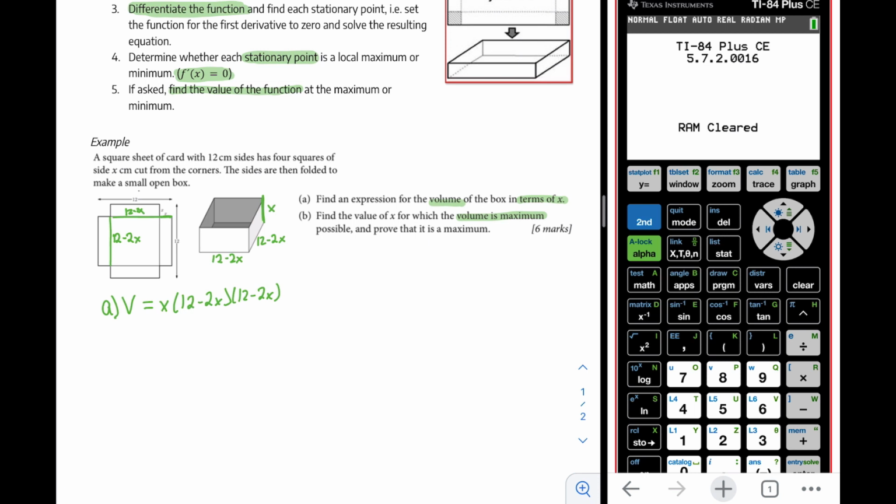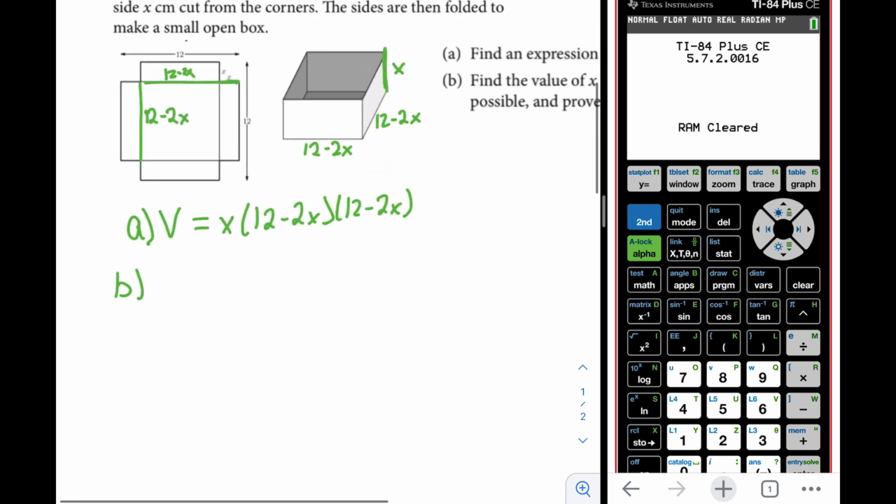To differentiate our function, we first need to rewrite this expression in a form that we can actually differentiate, meaning we need to have x to the power of something for all of our terms. So if I keep the x out front, I can use FOIL to expand the brackets.